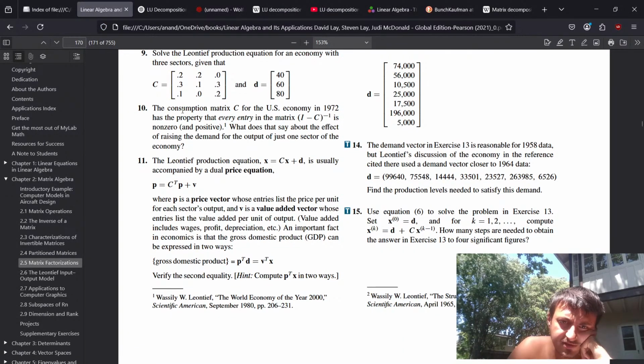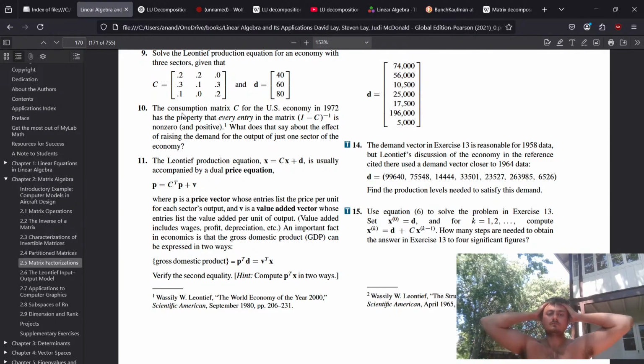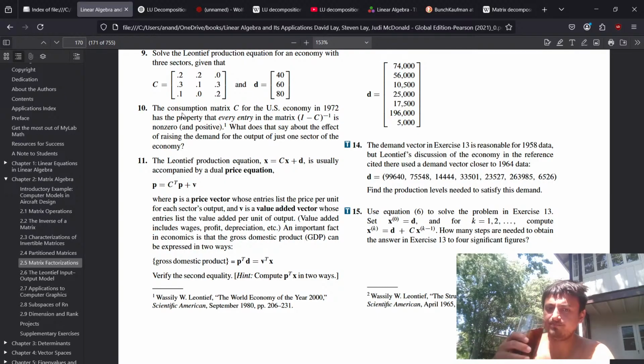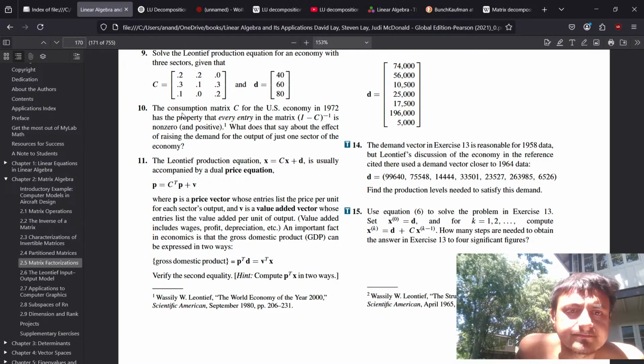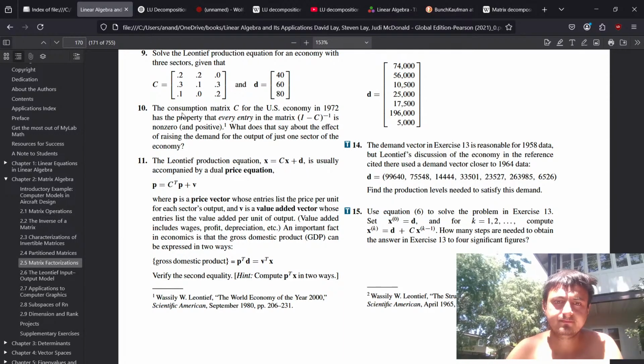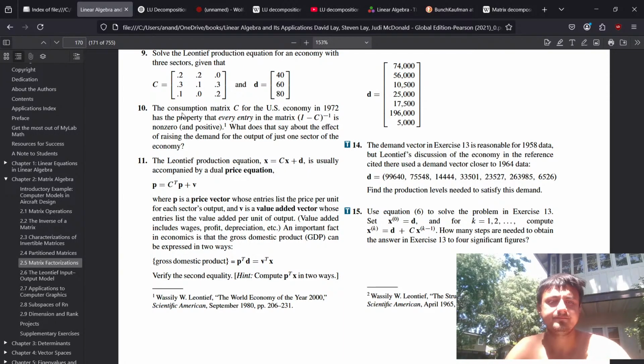The consumption matrix C for the U.S. economy in 1972 has the property that every entry is non-zero and positive. In the inverse, what does that mean?